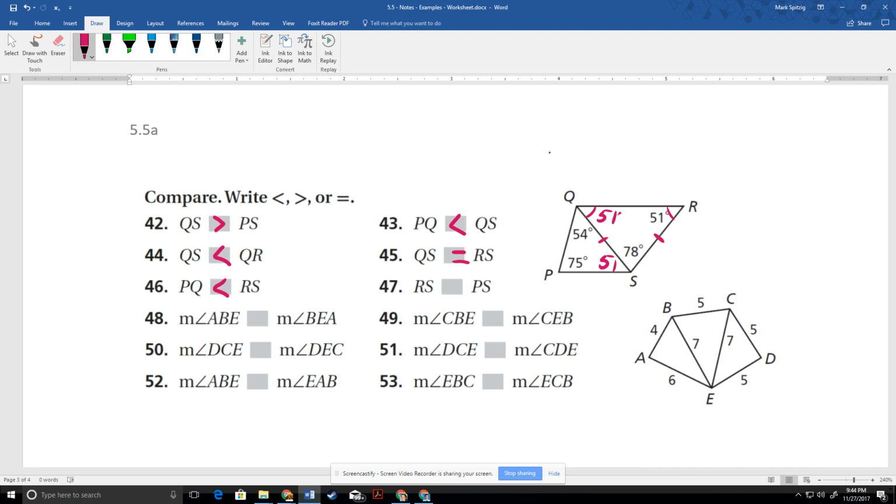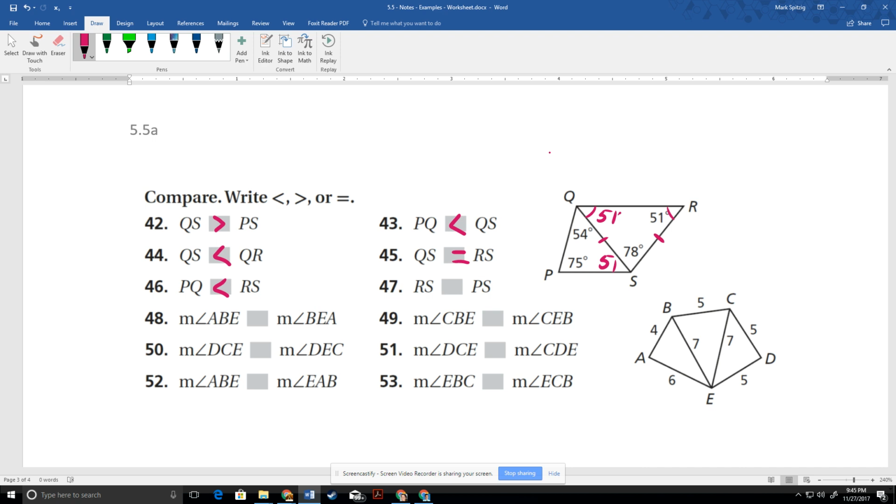So while normally you can't actually compare two sides based on their angles as part of two different triangles, in this case we can because we know something about them. We know that this side RS is the same as QS, and QS is part of this triangle. QS is part of both triangles. RS is part of one. But either way, we can say PQ, we already knew PQ is less than QS, right? And QS and RS are the same thing. So there we go.